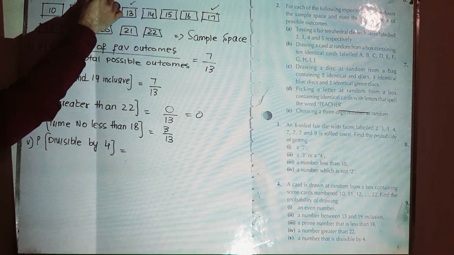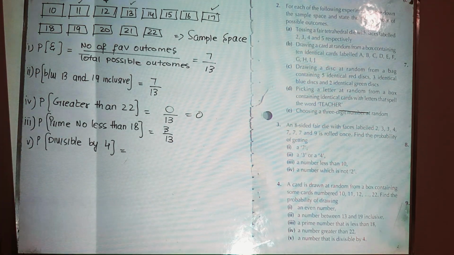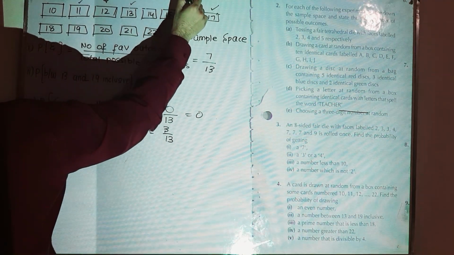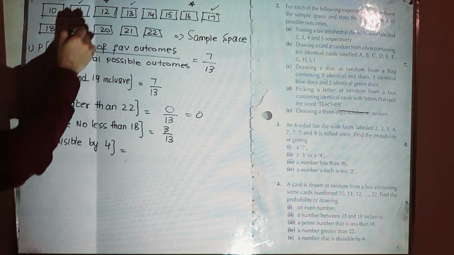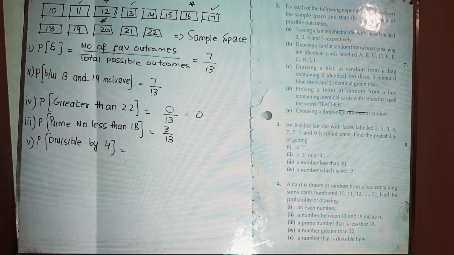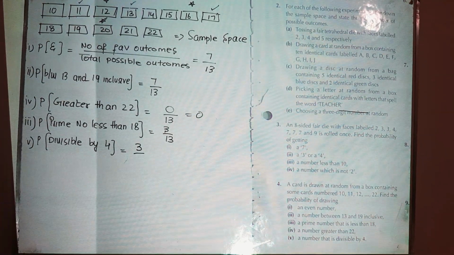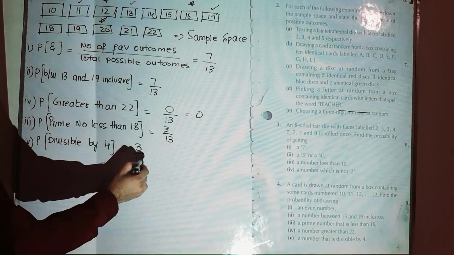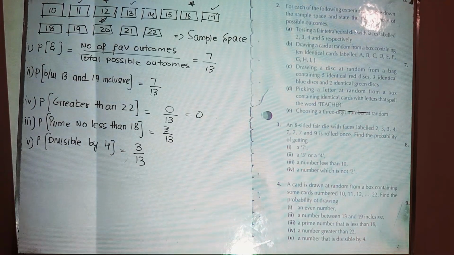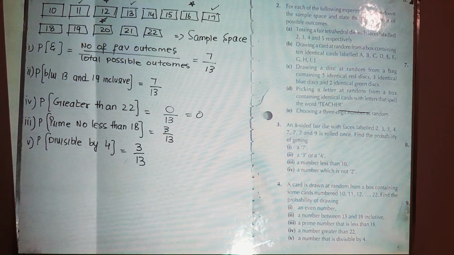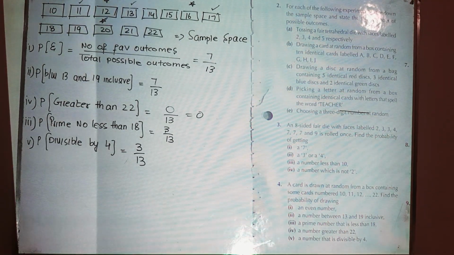Over here 12 is divisible by 4, 16 is divisible by 4, 20 is divisible by 4. We have 3 such numbers which are divisible by 4, and our total outcomes are 13. So the answer for this part number 5 is 3 over 13.